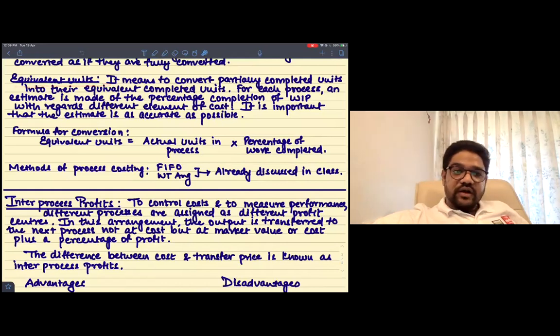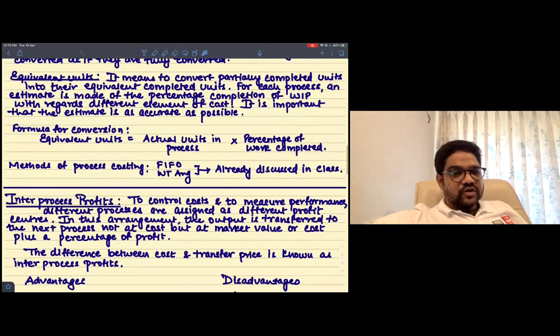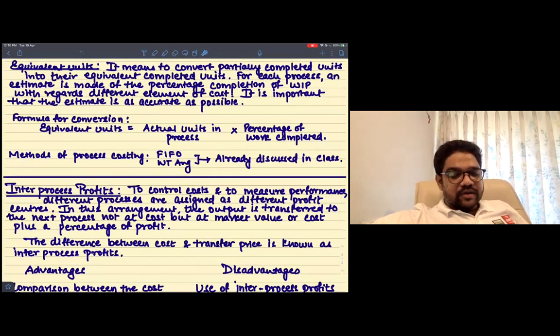We create equivalent units, where we convert a partially completed unit as if it is fully completed, so that it becomes easier for us to calculate. The methods of process costing, that is equivalent production, are FIFO and weighted average. That is something already discussed.